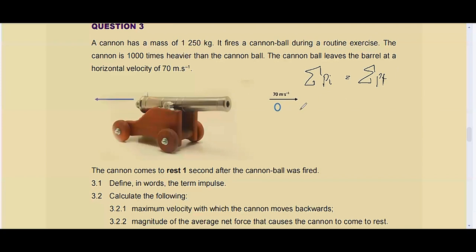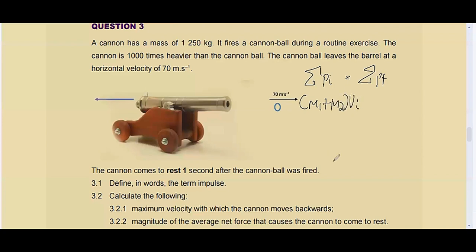Initially, the cannonball and the cannon were moving as a unit, or we can say they were a unit. They were just together stationary as a unit. So that means (M1 + M2) Vi, right?